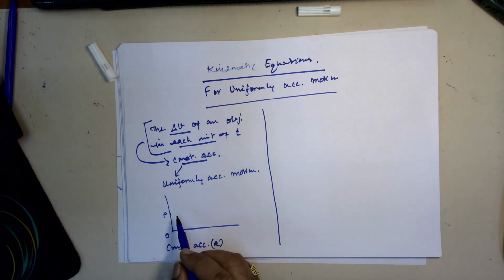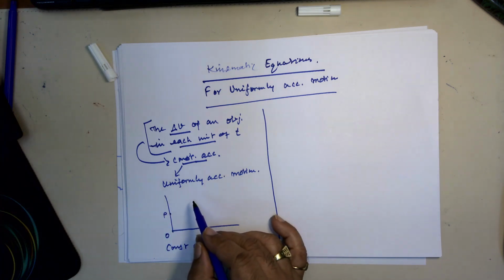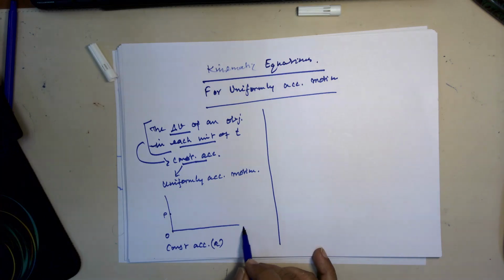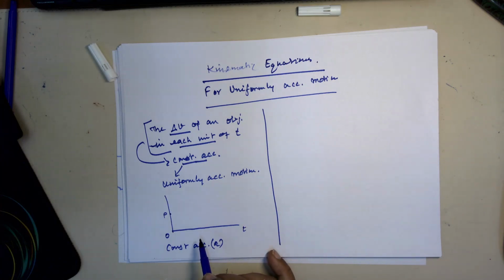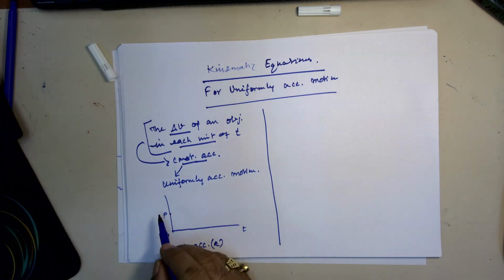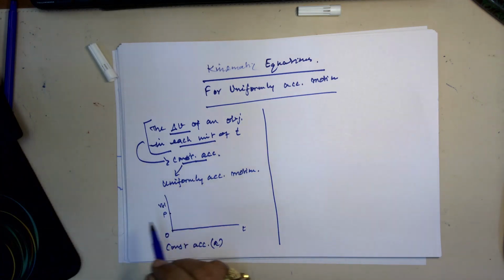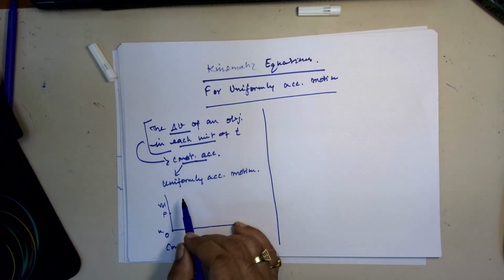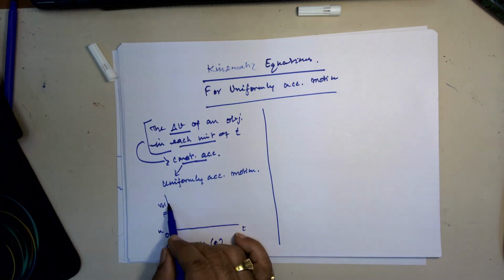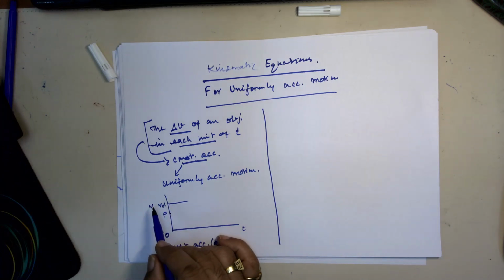Let me draw a diagram so that you can easily understand. This is the time axis T, and the Y-axis is the velocity. Initially it is u, and after a certain time it is v, the final velocity.